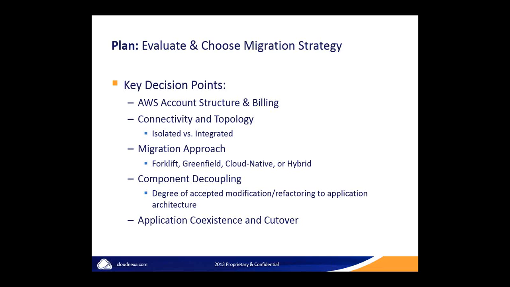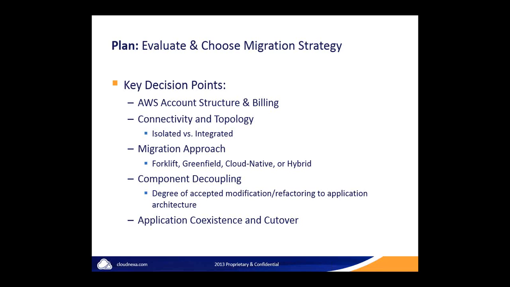The migration approach. What does the migration approach look like? Are we simply moving the environment as is with the intent to upgrade as a phase 2? Or are we building a new environment already upgraded to the latest version edition and then migrating the data and application code into that environment? Are we also re-engineering components of the application architecture using cloud-native constructs?